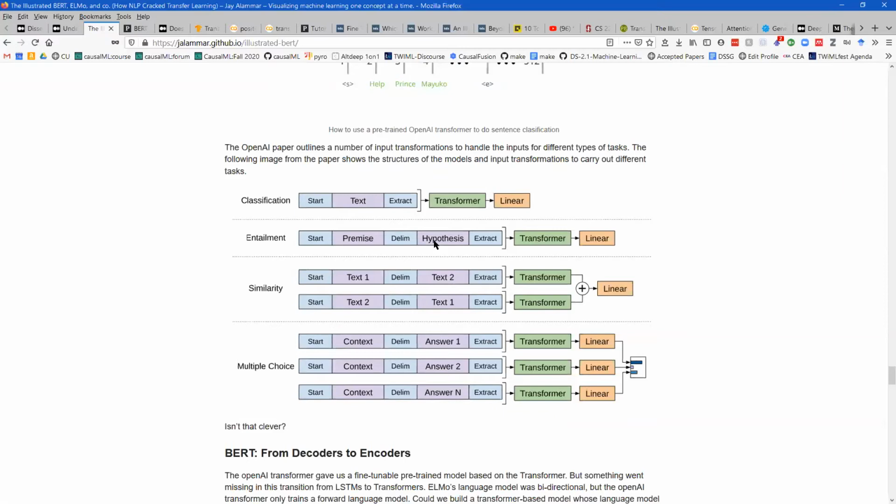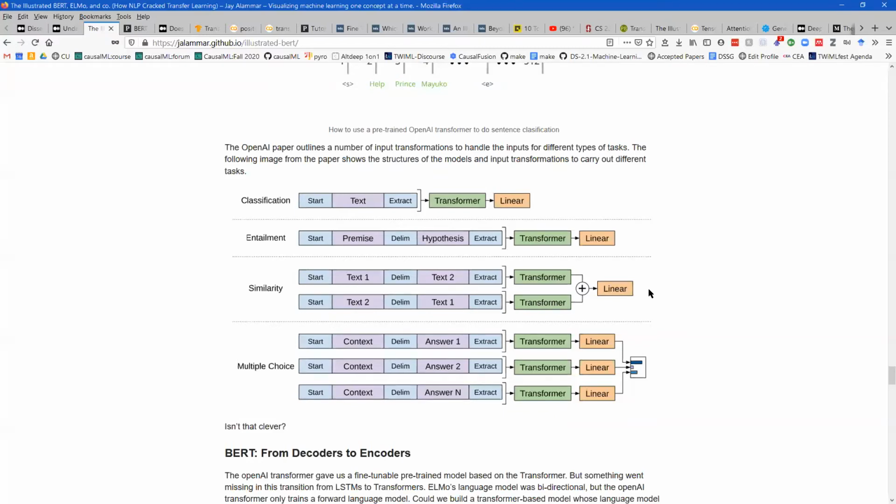And then there's a similarity task. You have two sentences going in, and you turn loose a transformer on both of them, and then you can get a score. You can compare the scores and see how similar they are.